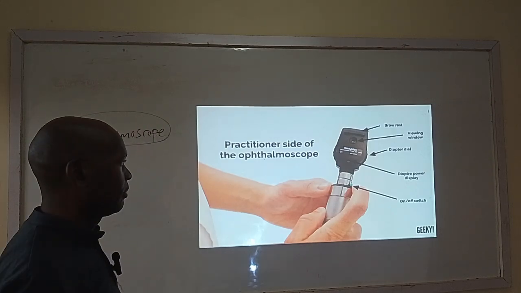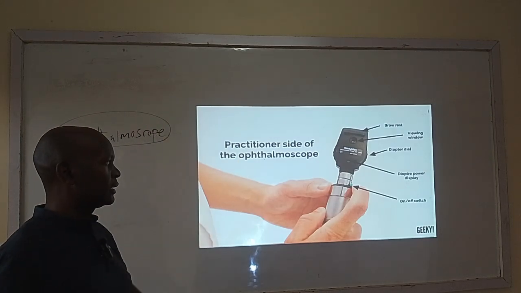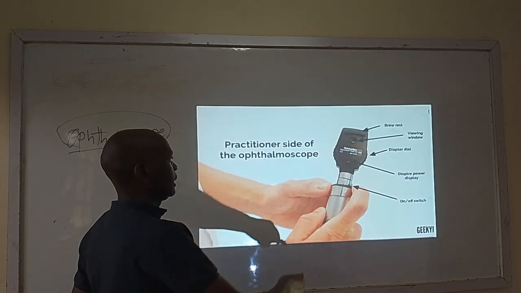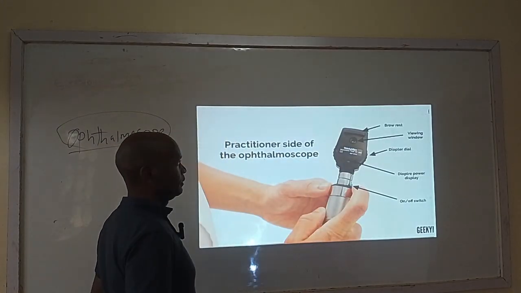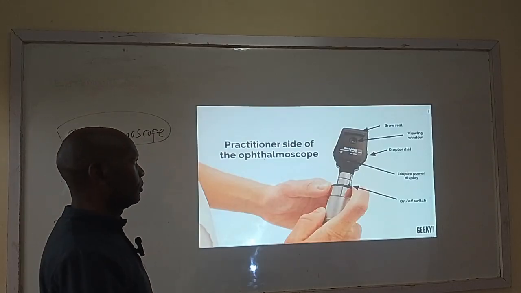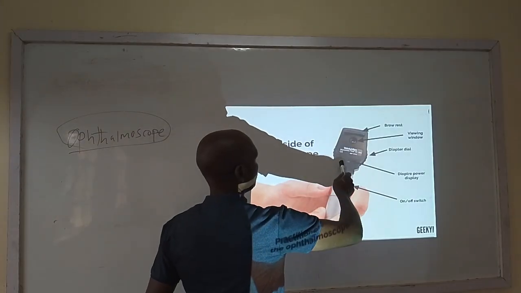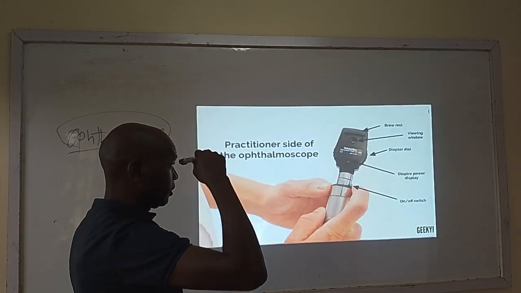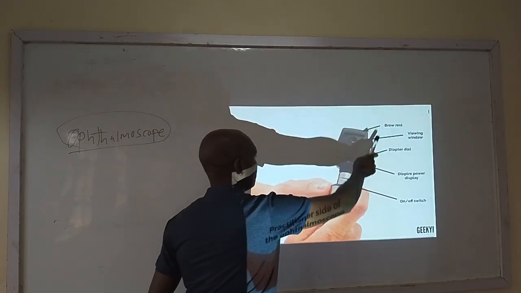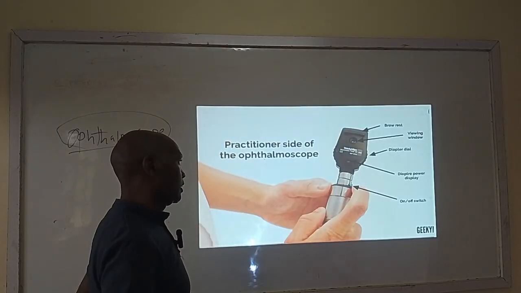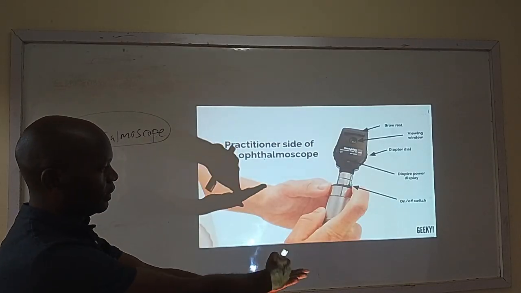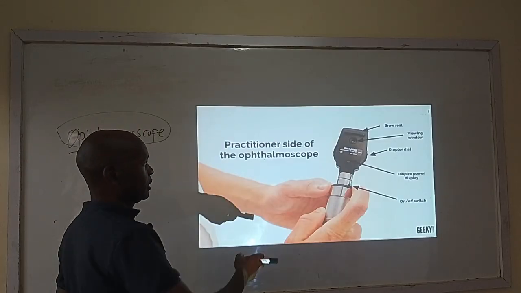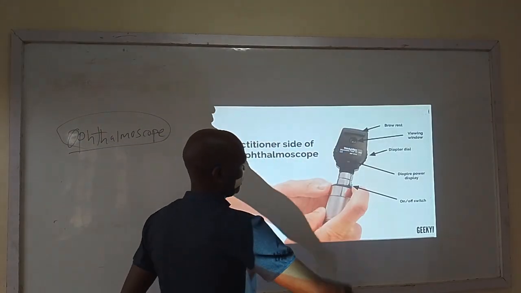Then you position your patient at arm's length first, from here to here. You set your diopter at 0. Then you examine through the viewing window here. Make sure this part touches on the brow, what we are calling the brow rest. Then you set your diopter power to 0.